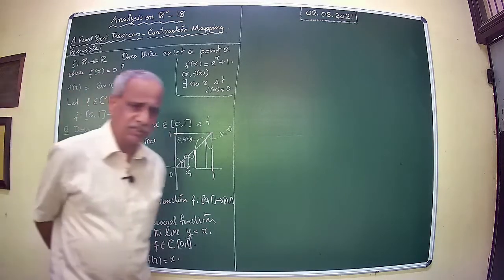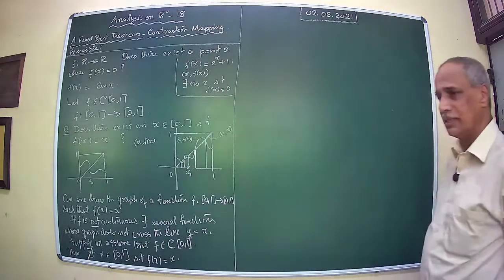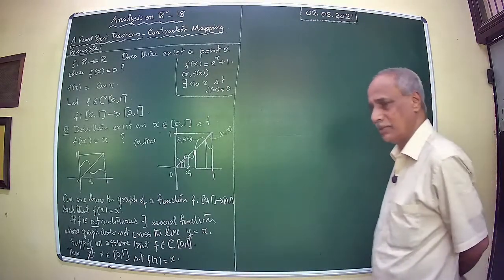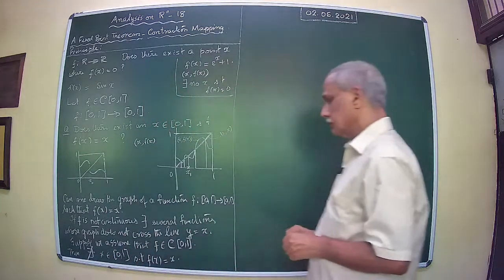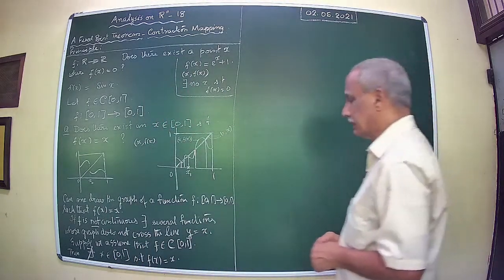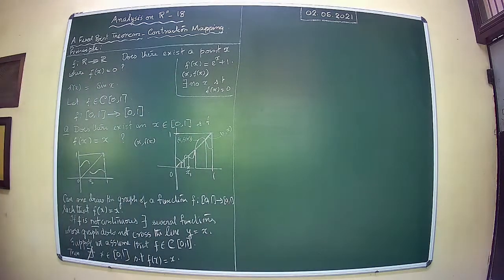Of course, discontinuous functions also may have the property that f(x) equals x, that's a different thing, but you are talking about a whole class of functions, some property. So it appears the continuity restriction is a necessary condition if you want to make a statement on this.